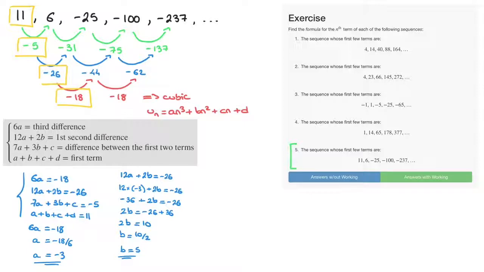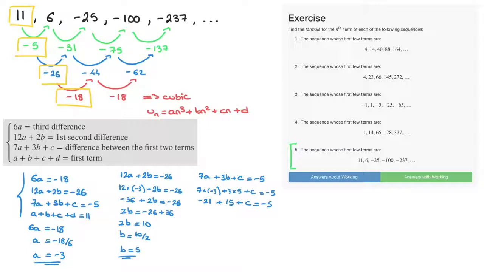Now that we have b, we move on to the third equation, and that was 7a plus 3b plus c equals negative 5. And we know what a and b are. Remember, a was negative 3 and b was 5, so this turns into 7 times negative 3 plus 3 times 5 plus c equals negative 5. 7 times negative 3 is negative 21, plus 3 times 5, which is 15, plus c equals negative 5.